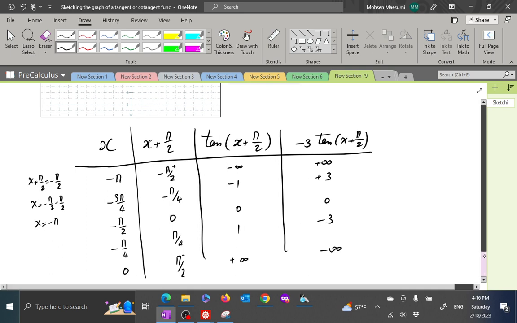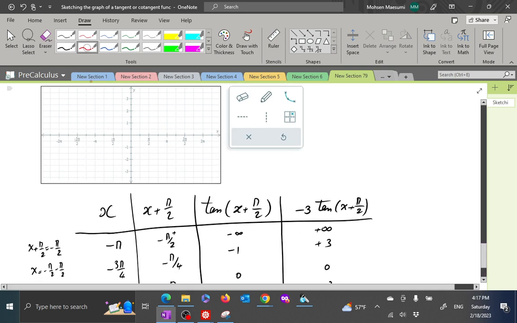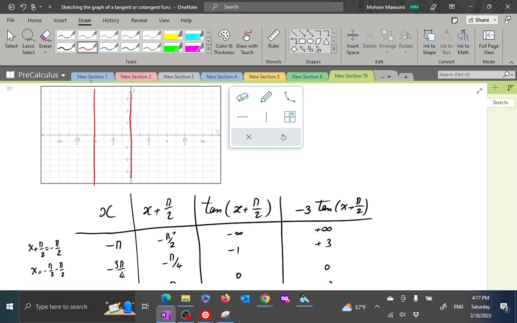So our graph, if I want to draw, is going to go from here to here. So you draw these two asymptotes, and then at minus pi over 4 we are at 3, minus pi over 2 we are at 0, minus 3 pi over 4 minus 3.